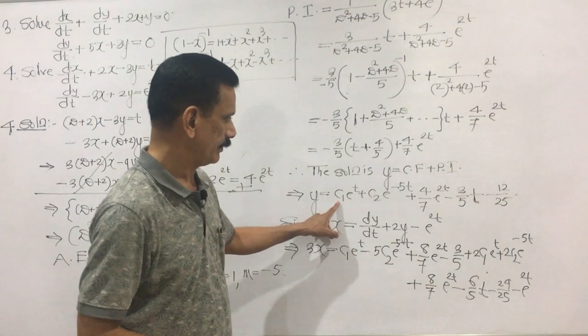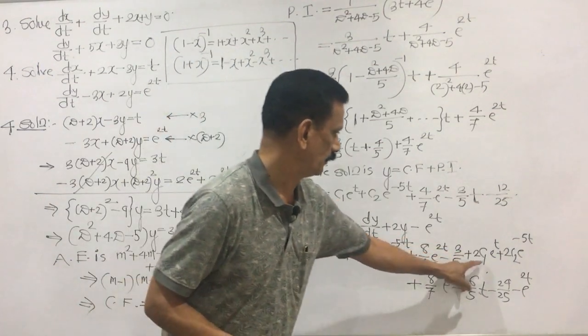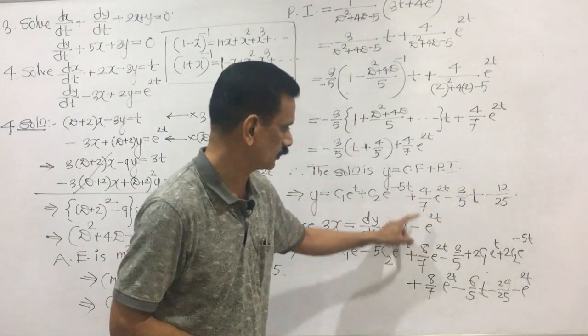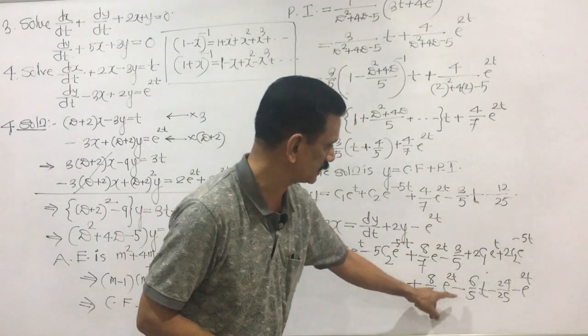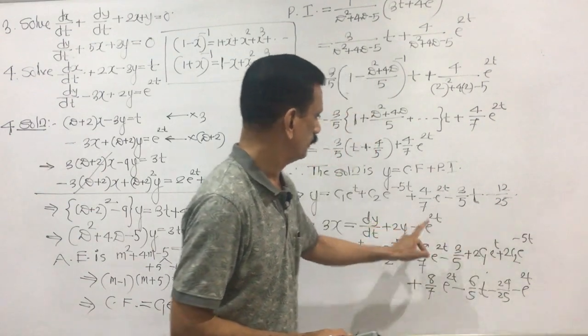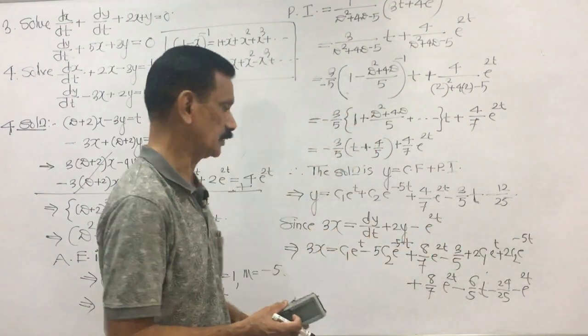Look here, multiplied by 2 means it is 2c1 e raised to t, 2c2 e raised to minus 5t, 2 4s are 8 by 7, 2 3s are 6 by 5, 12 2s are 24 by 25, and minus this e raised to 2t.